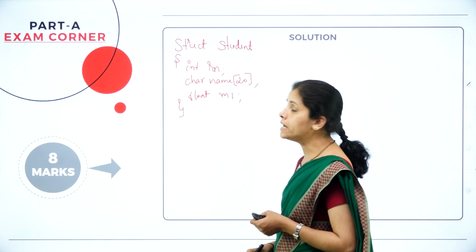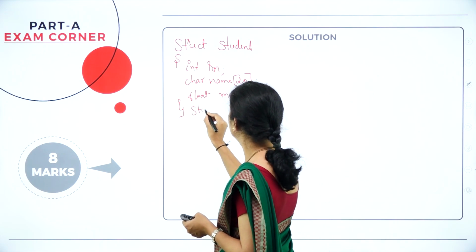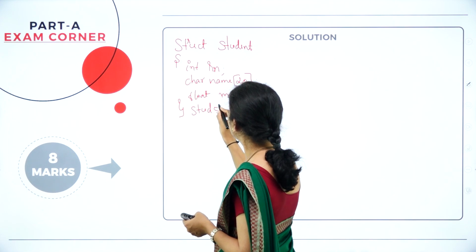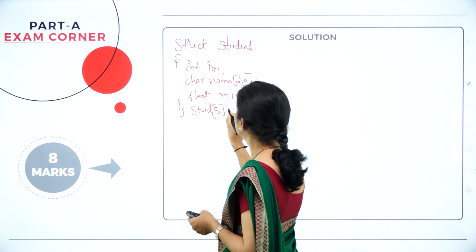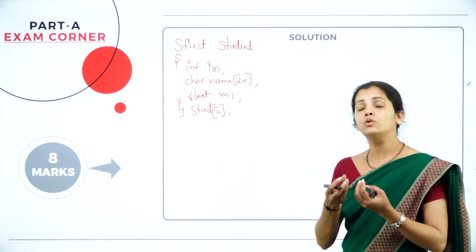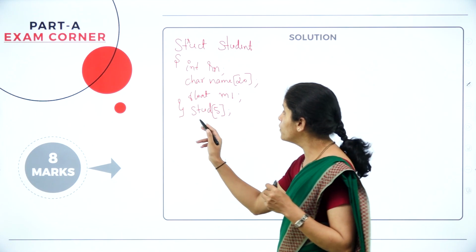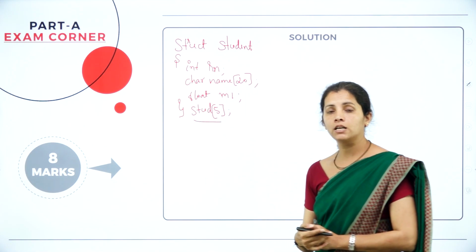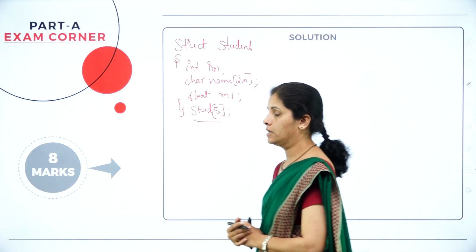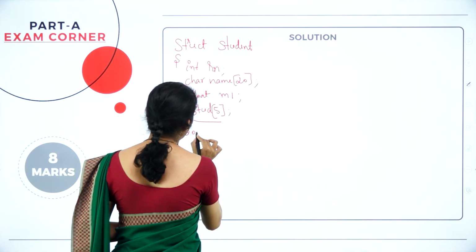Now I want to create the variable, so I'll create stud[5], because if I want to read 5 student information, I need to create an array of structure variable. So I'm going to create an array of structure variable. Then I'll start with the main program.